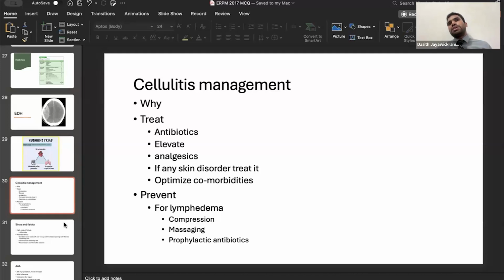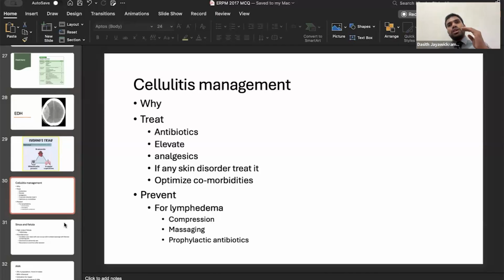Whether we put compression or not, the exudate will develop anyway, and by putting compression, we increase the tissue pressure. The exudate will form, and this will compress the small vessels, and this can cause ischemia to the site.